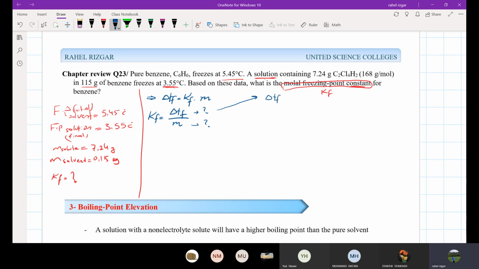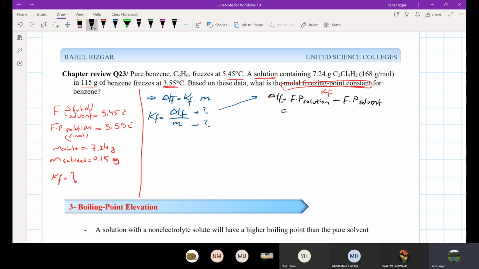Delta Tf is equal to the freezing point of solution, which is the final, minus the freezing point of solvent.